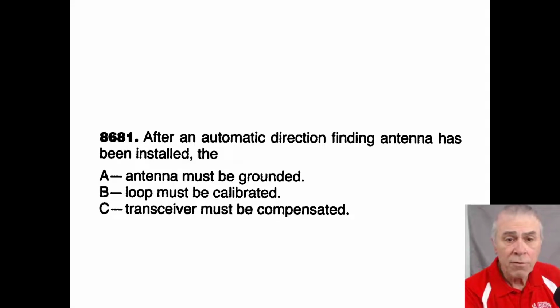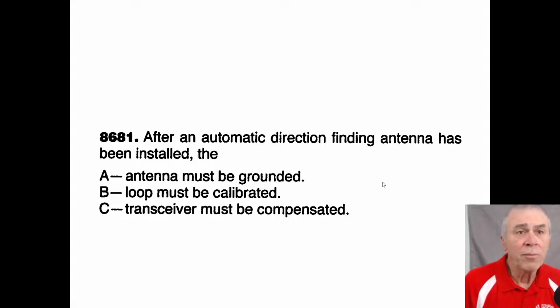All right, I think if you know about the loop and sense antennas, you're already kind of zeroed in on it. Loop looks like you actually are picking the correct word for an ADF question. So the loop must be calibrated, which is a true statement in itself. Most all antennas must be calibrated.